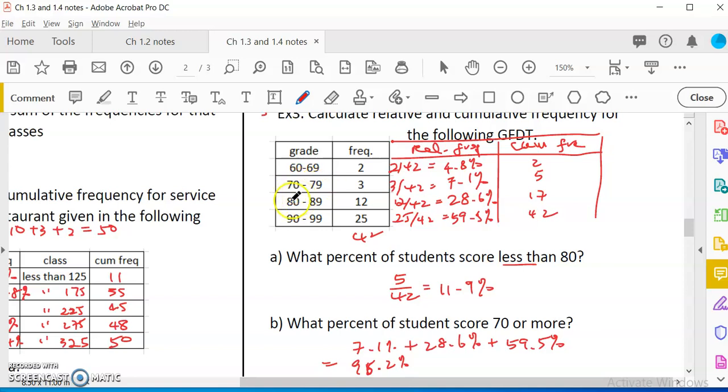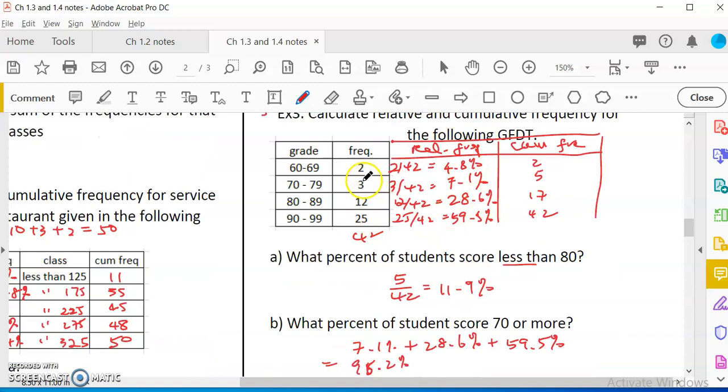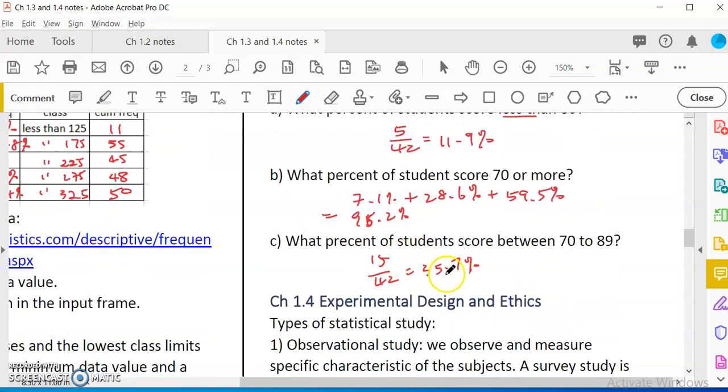So it's 70 to 79, 80 to 89, so it's 3 plus 12. The frequency is 15, right? And then I have it over the total, so 15 divided by 42 is 35.7%. Only that little? Oh, because there are a lot of As. So B and C are actually very few.